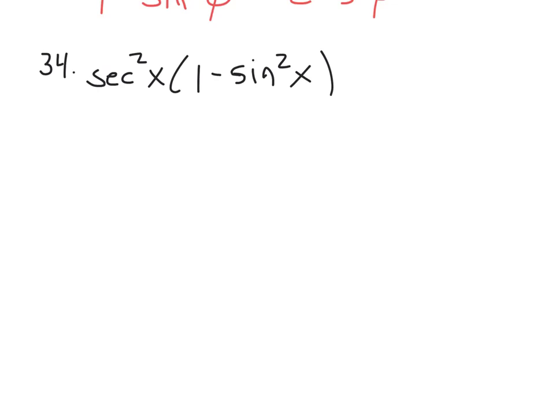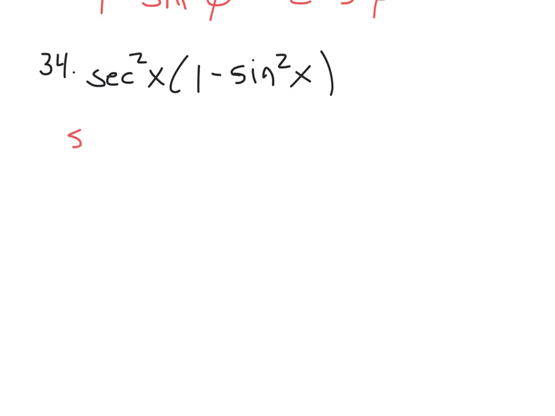I'm not going to make that 1 over cosine squared right now. So I'm going to distribute that first. And again, that's just from kind of knowing where I'm trying to go right now. But if you change that to 1 over cosine squared, that would not be horrible. You would just maybe have to deal with something later.